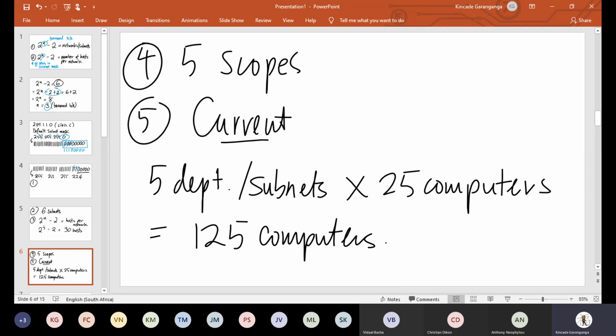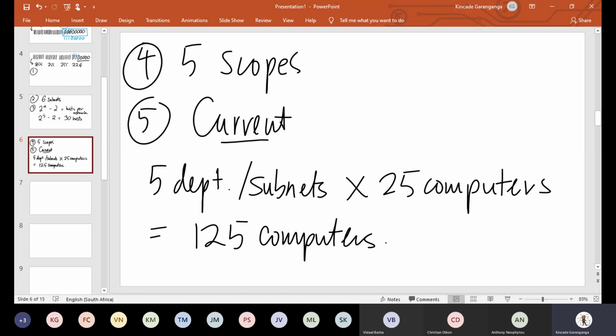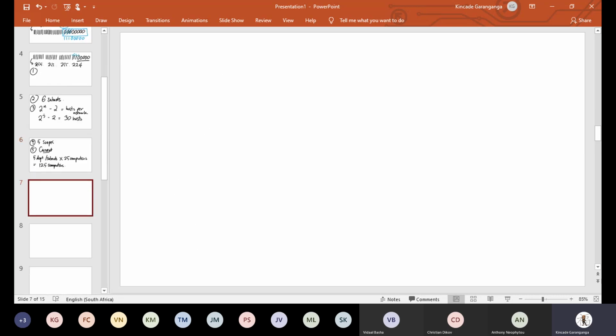So 25% of this 125 is going to give us what we need to add on, or what we need to accommodate for over whatever time period they've mentioned, as far as your configuration is concerned. So ultimately, we want to get 25% of 125, right?